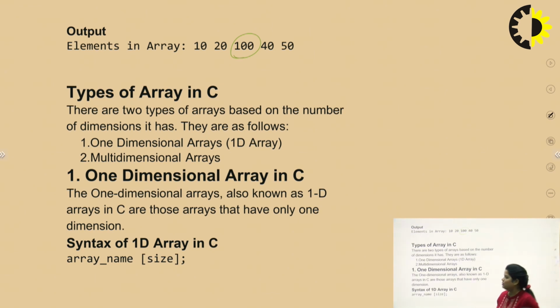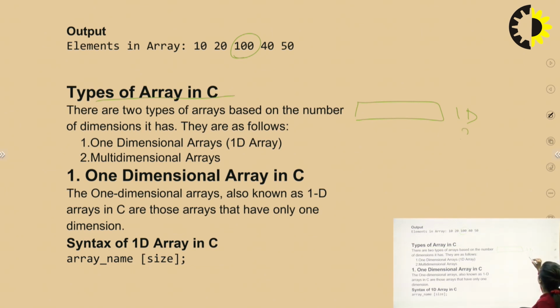Okay, now types of array in C. There are 2 types of array in C. One is the 1D array, which we are learning from the beginning of our lecture. Okay, this is 1D. Now, what is a multi-dimensional array?